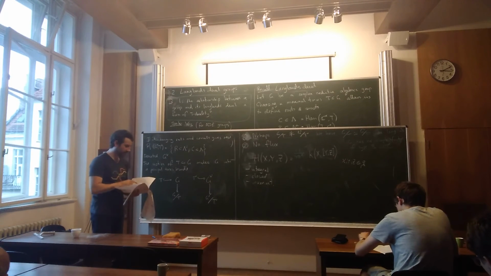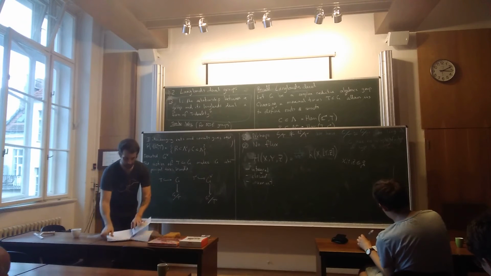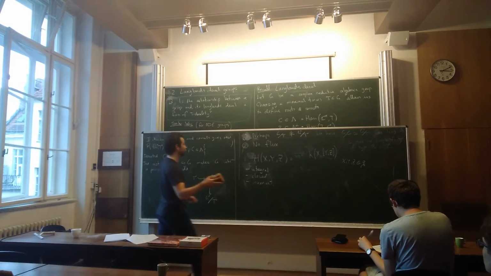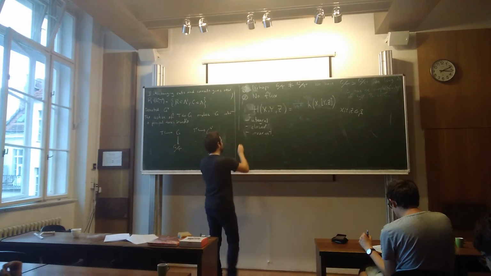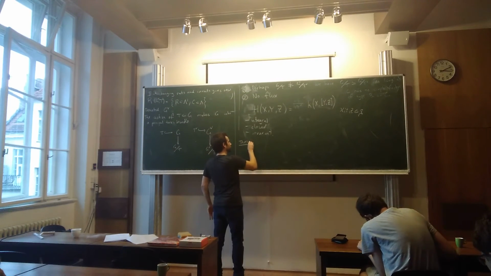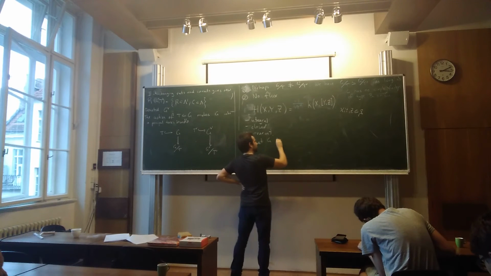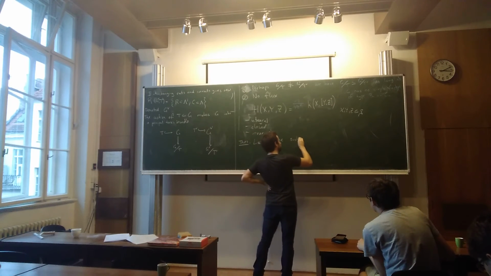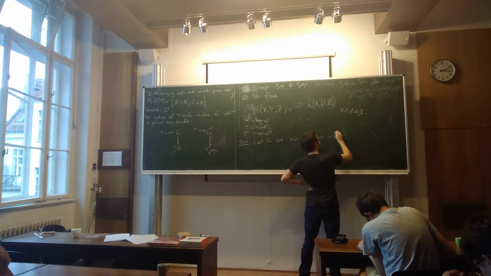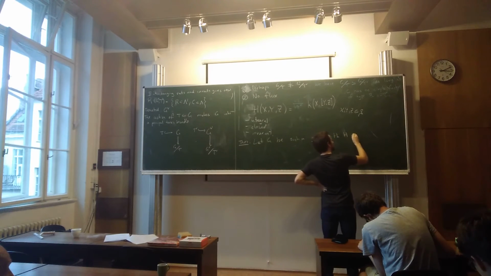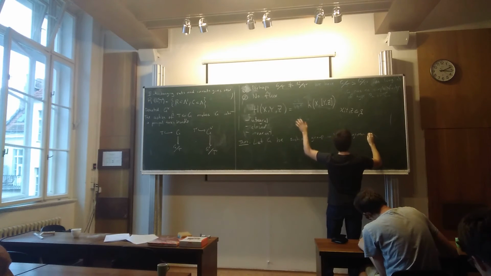And so the final theorem says precisely: let G be such a group with H given by this.